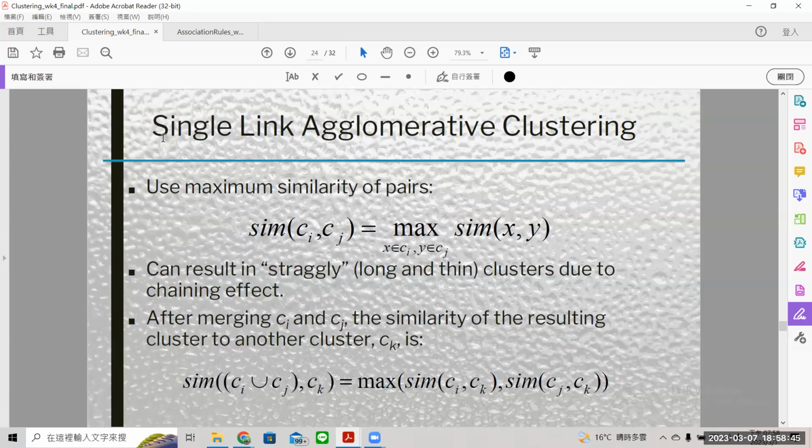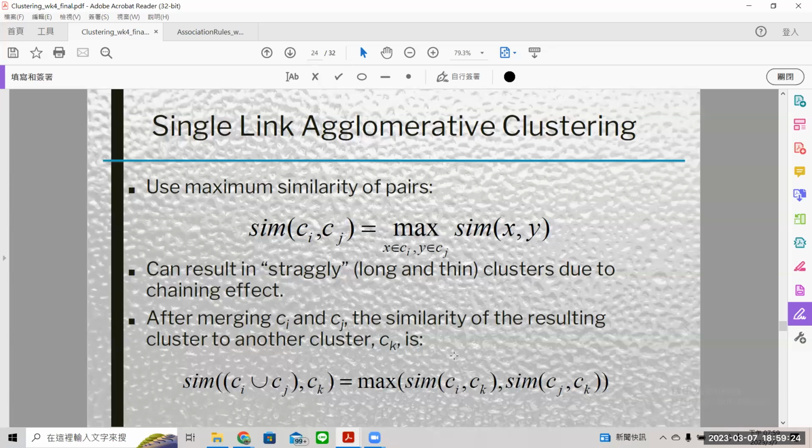Let's look at this slide: single link agglomerative clustering. First, you use the maximum similarity of pairs. How do you define the similarity? You try to find the similarity between 2 points, maximizing it. That is very similar to an idea you will learn in operational research in your higher grades.